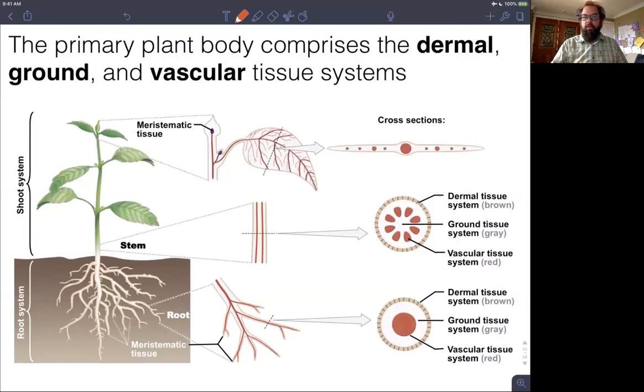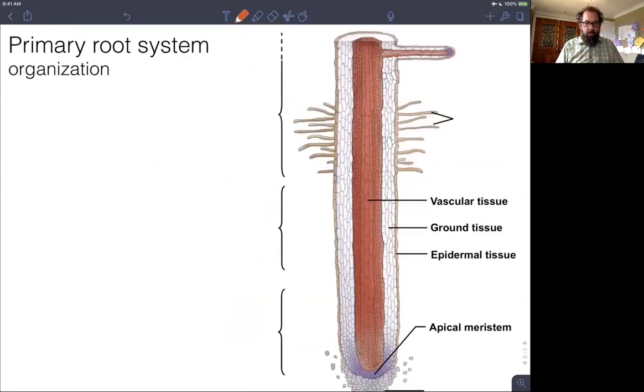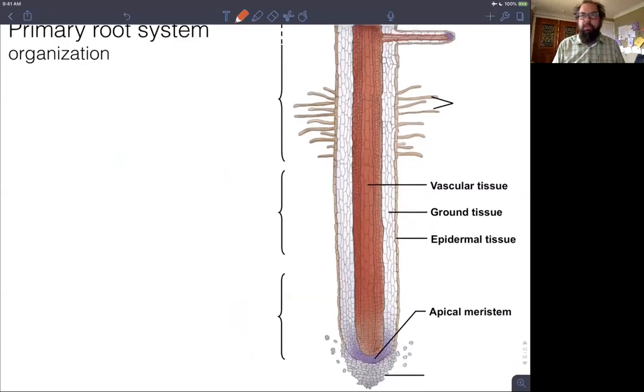Okay, so let's look at the organization of each of these systems. And so when we look at our primary root system, this is organized in a pretty particular way. So as this root is growing to access more water and nutrients, we've got to be continually growing into new regions of the soil. And so we can think about this as the root pushing its way through the soil.